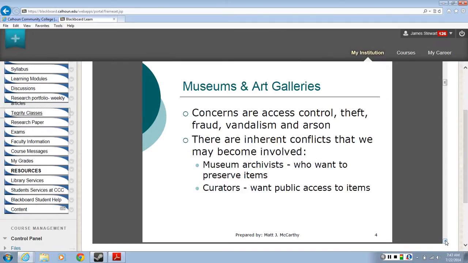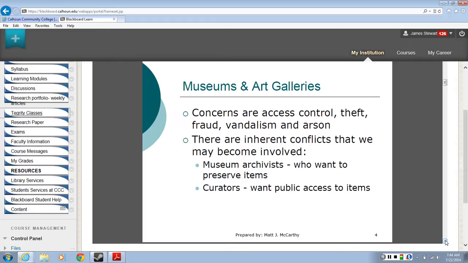Museums and art galleries. A lot of times, we're really concerned with theft, vandalism and arson. We've heard cases where people go into a museum, they don't like an exhibit, so they will come in and deface the exhibit.